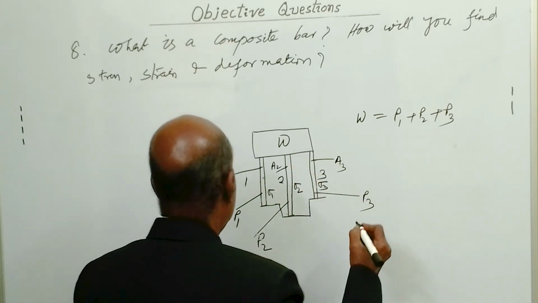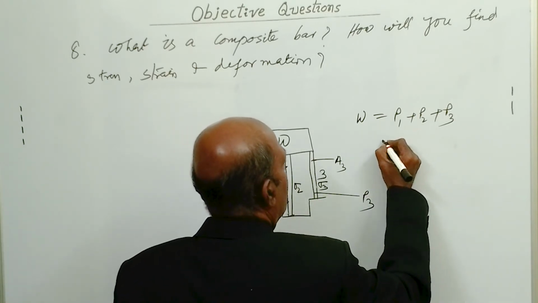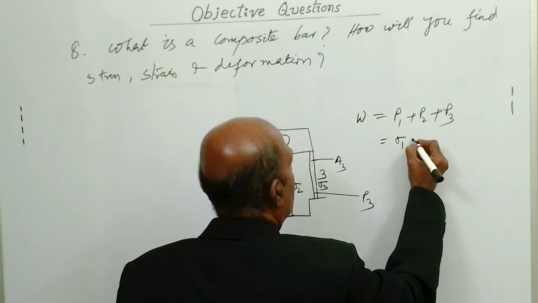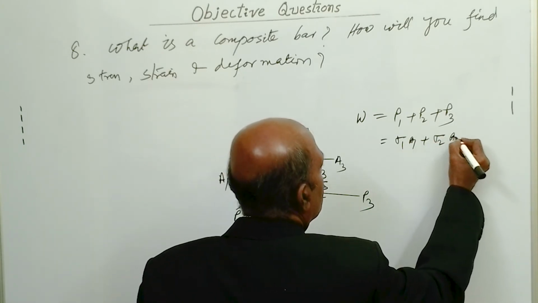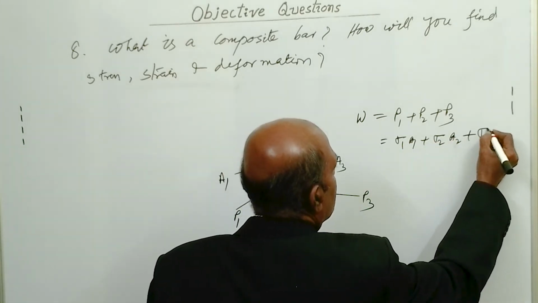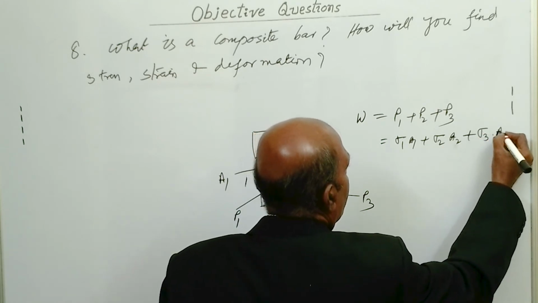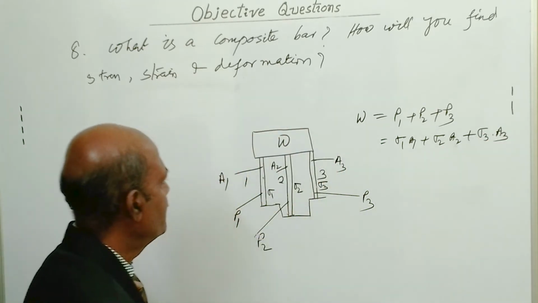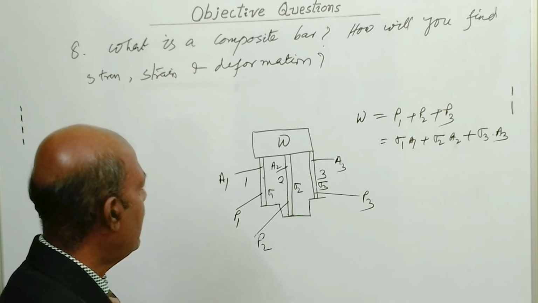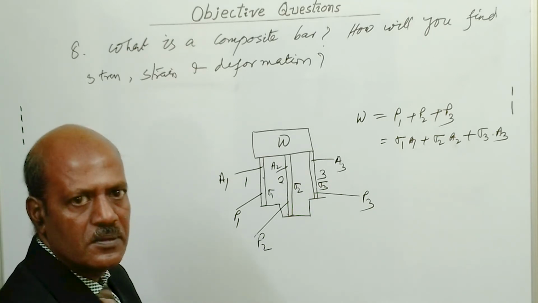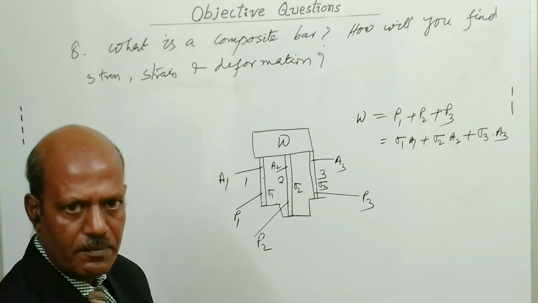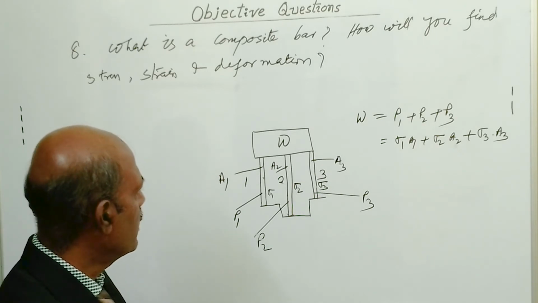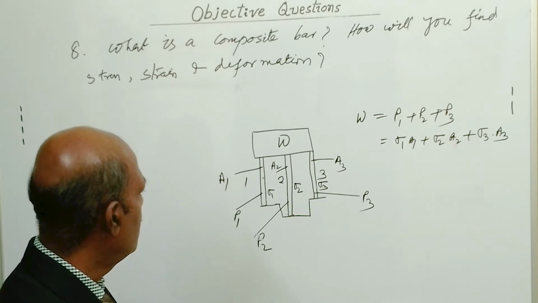So we can write P is equal to sigma 1 into A1 plus sigma 2 into A2 plus sigma 3 into A3. If sigma 1, sigma 2, sigma 3 are the stresses developed in the bars, we can easily calculate.